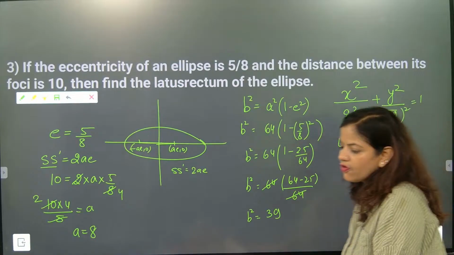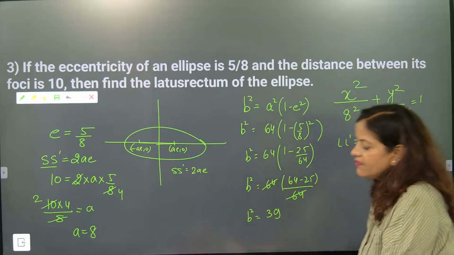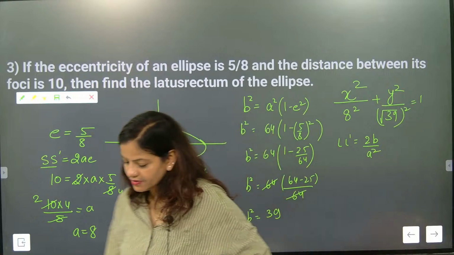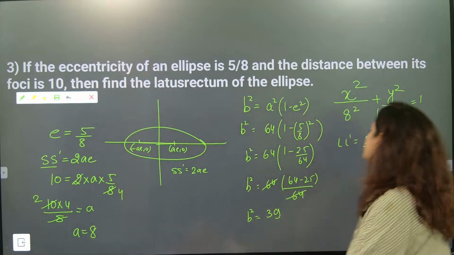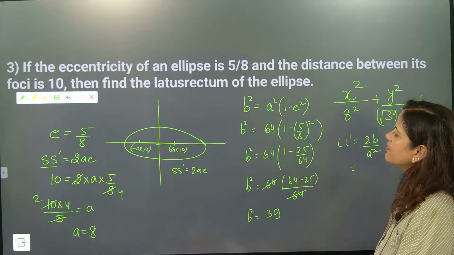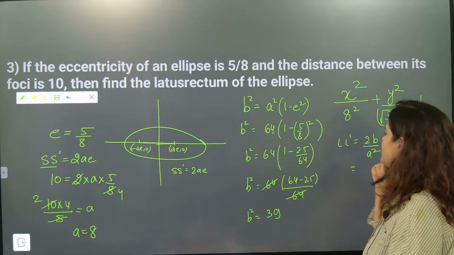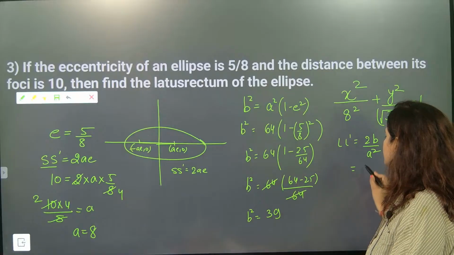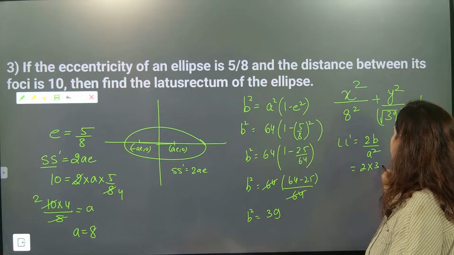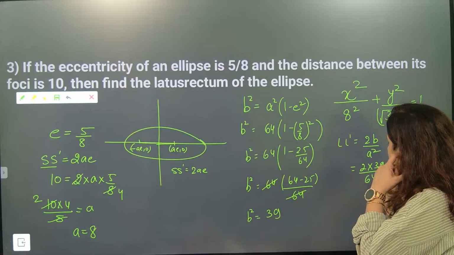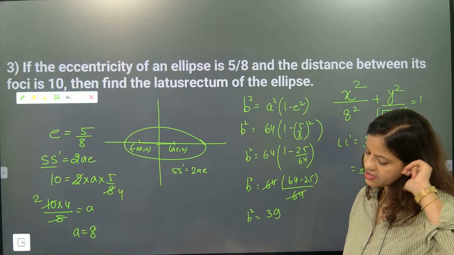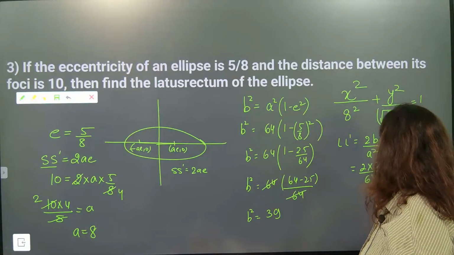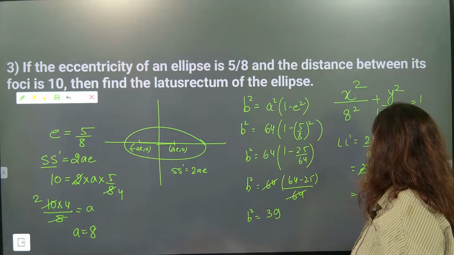When you are finding the length of the latus rectum, it is for the major axis, correct. So the length of the latus rectum, with b square as 39, is 2 into 39 by 8.